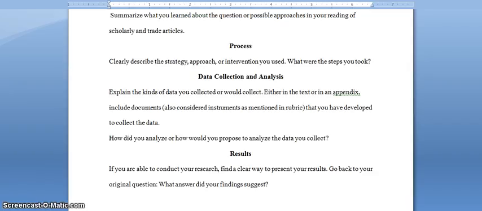which means as you are writing out just in narrative form right here, you can explain your data, what kind of data you would collect, and if it's like an interview or survey questions, you wouldn't necessarily want to write that out and include this in the text part of the paper.